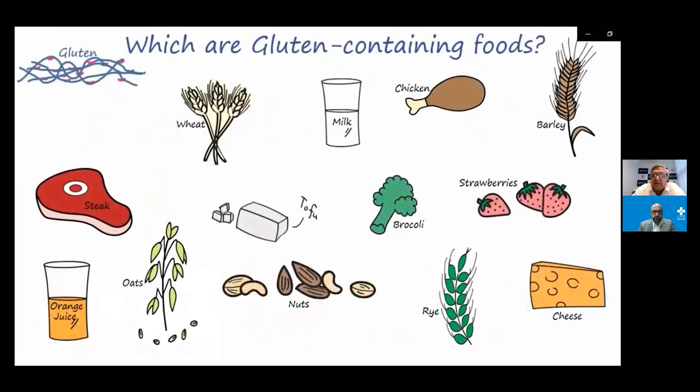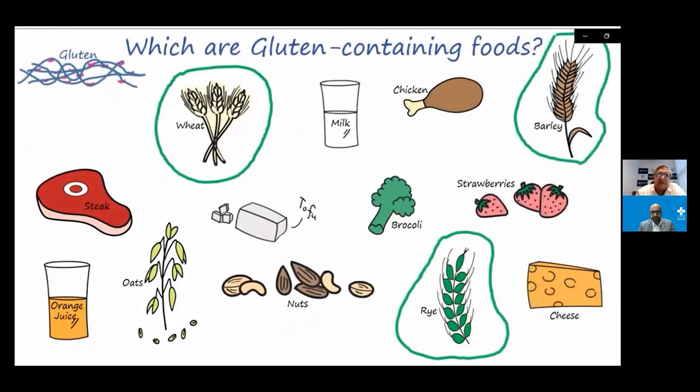So among the food that is available, which are the three food elements which contain gluten? If you chose wheat, barley, and rye, you are right.